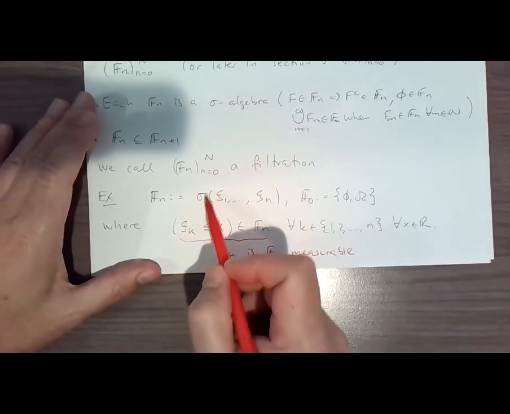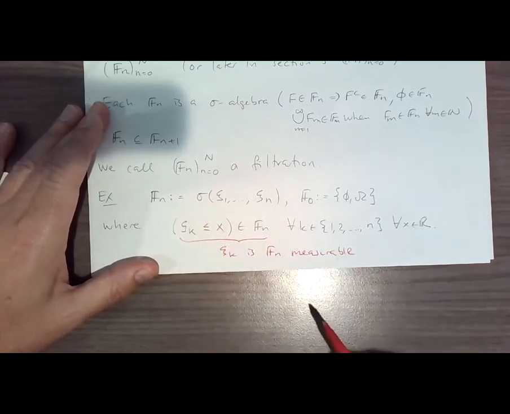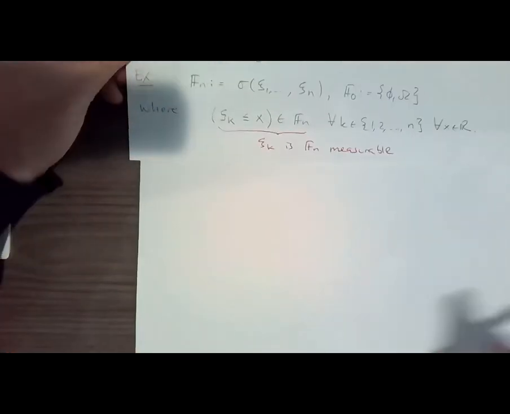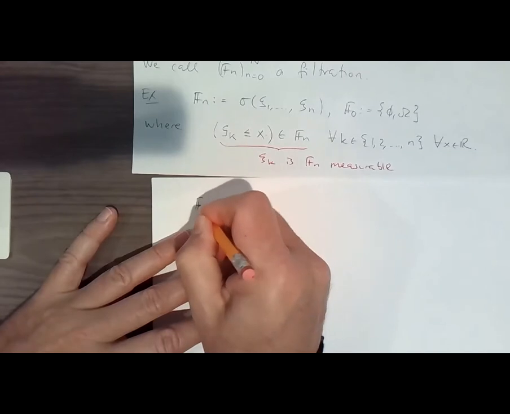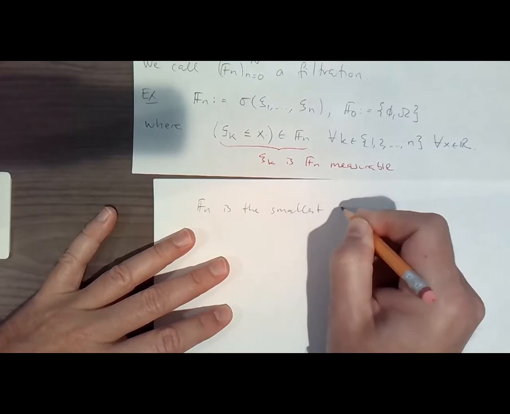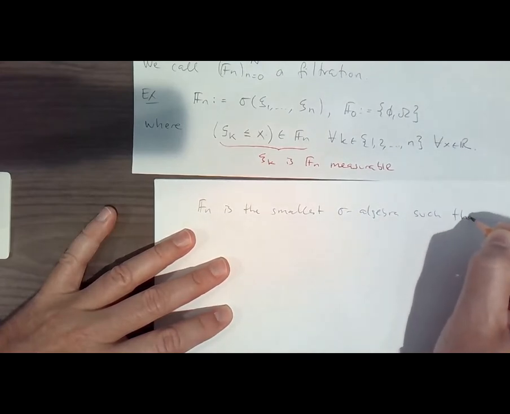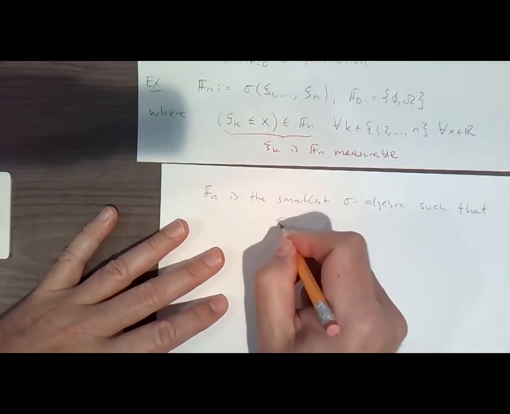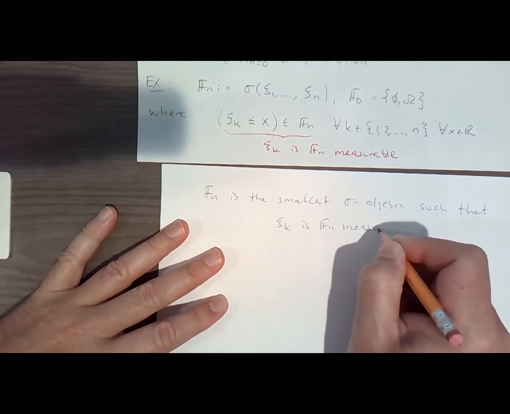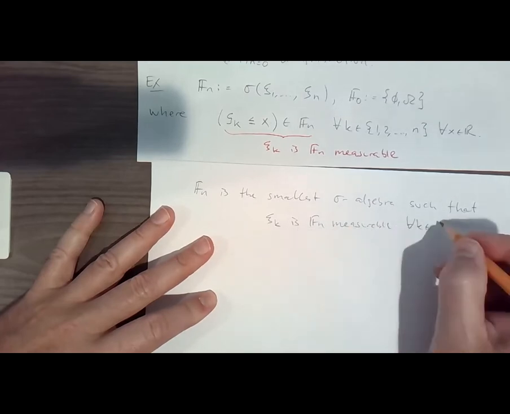And then the symbol here says that not only do you have this property, but Fn is the smallest sigma algebra with this property. So Fn is the smallest sigma algebra such that psi k is Fn measurable for all k running up to n.